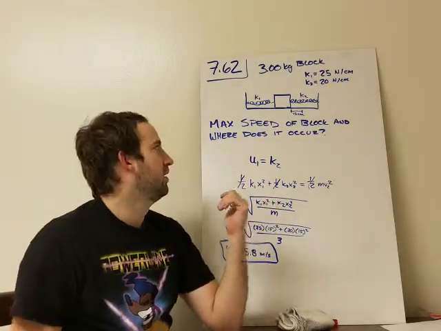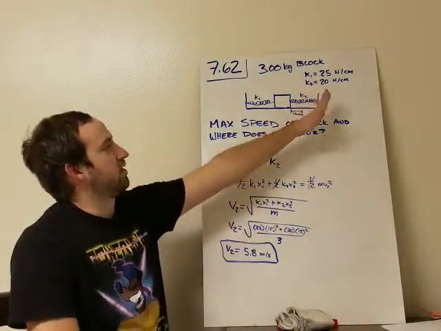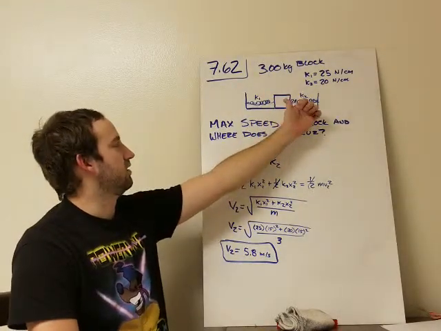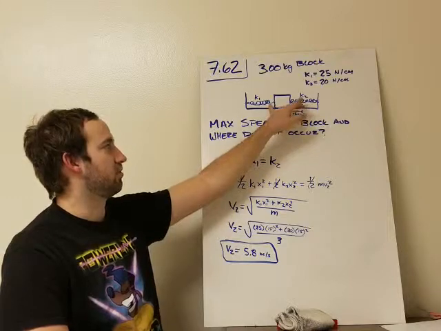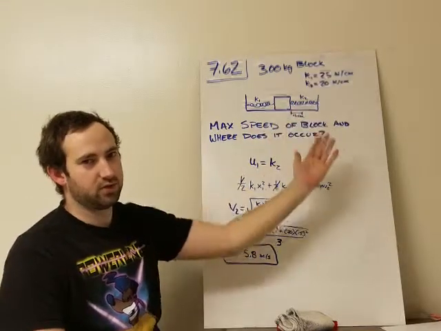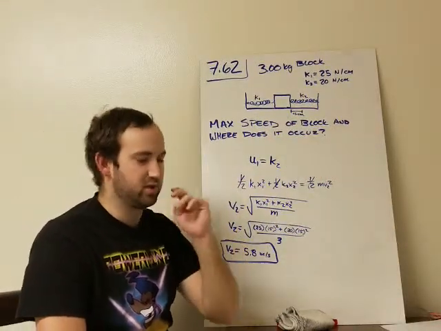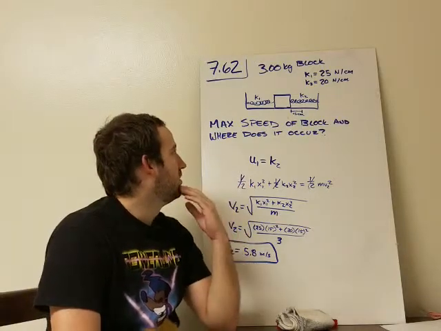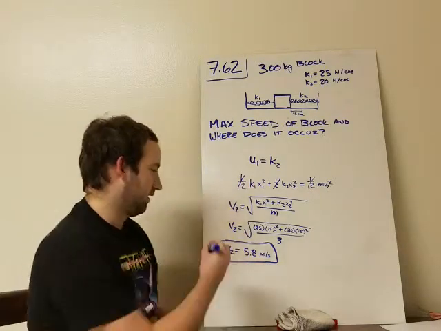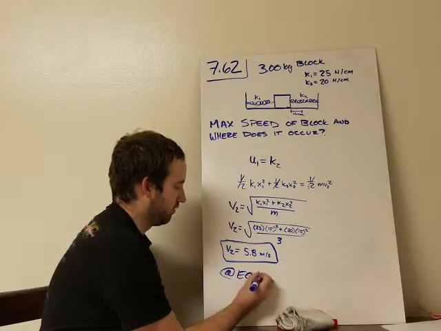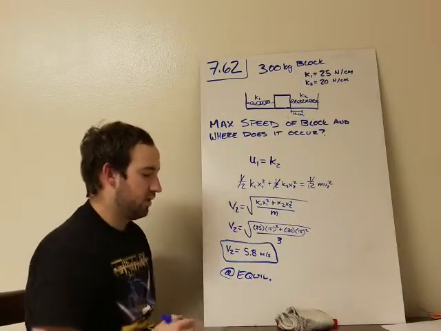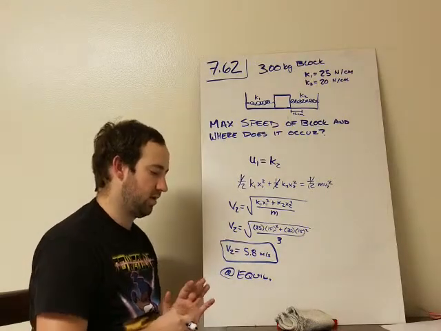For example, once this comes back past the equilibrium point, it's going to have the restoring forces of both of these springs acting on it, and that's going to diminish the velocity. And so it's going to be at equilibrium. So that's it for part A.